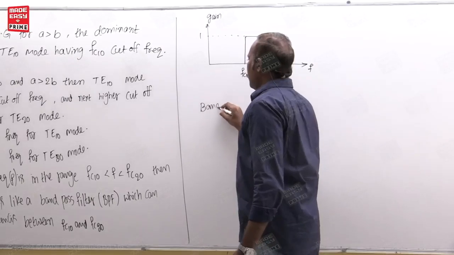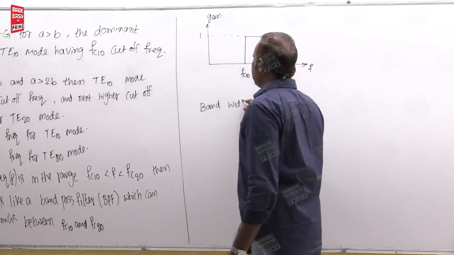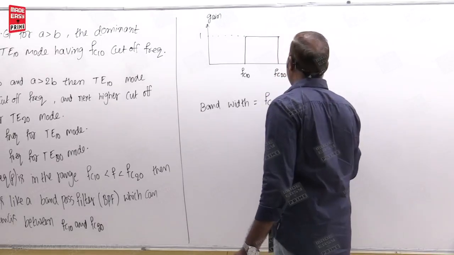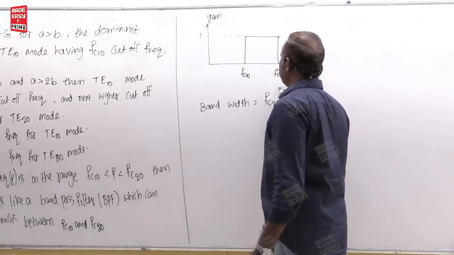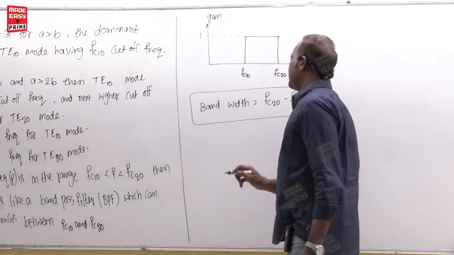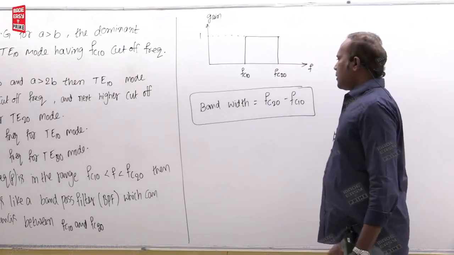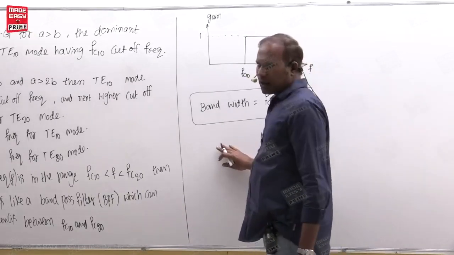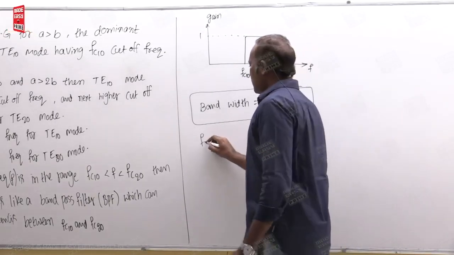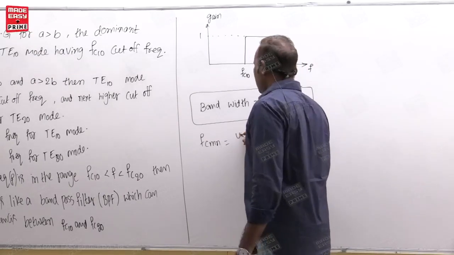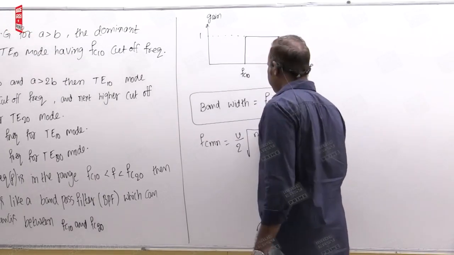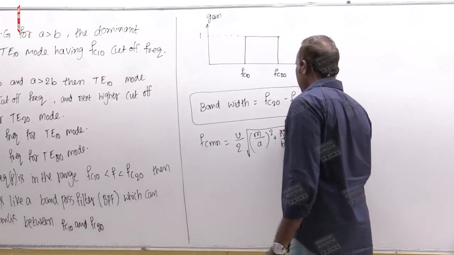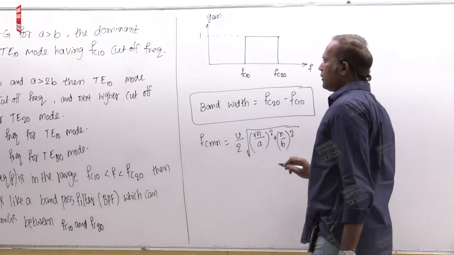So bandwidth is equal to FC20 minus FC10, bandwidth of this. Okay, students, already you know the cutoff frequency FCMN formula. From that only you get this one. So that is FCMN is equal to V by 2 root M by A whole square plus N by B whole square.